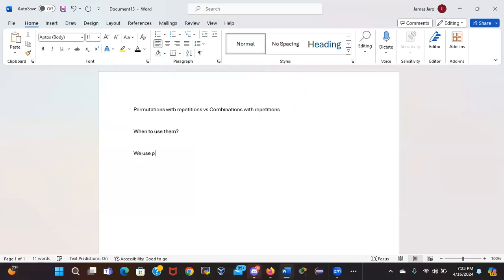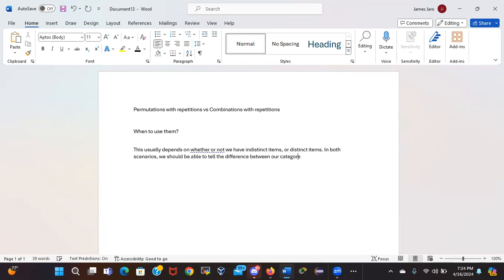Which one we use usually depends on whether we have indistinct items or distinct items, because in both scenarios we should be able to tell the difference between our categories. Does that make sense?